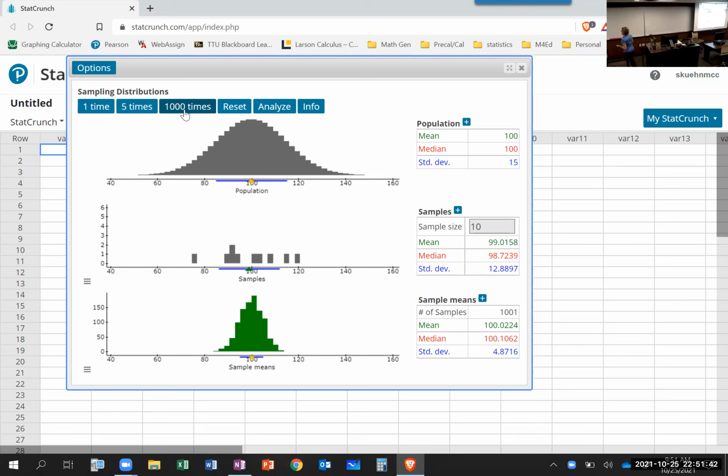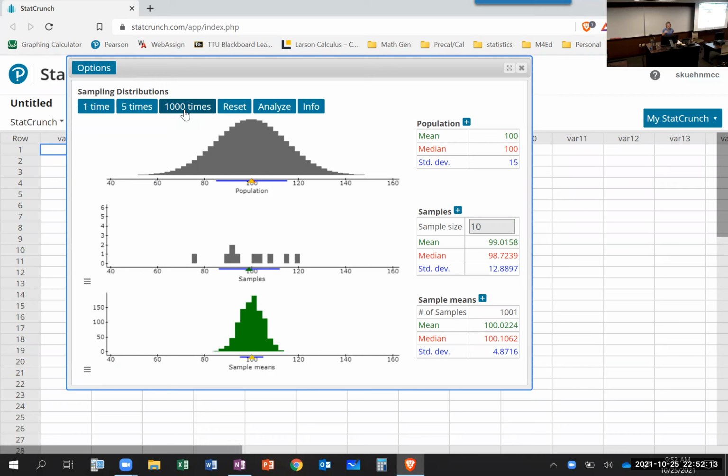The middle band represents the very last sample we did. And this green thing at the bottom represents the collection. It's a histogram of the 1,001 samples that we just conducted. Does everybody understand what we're looking at here?